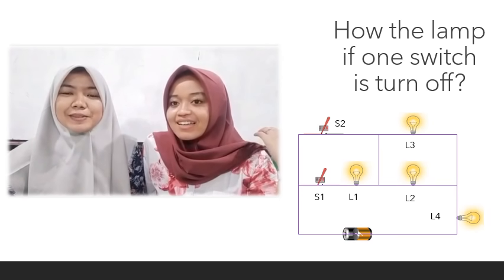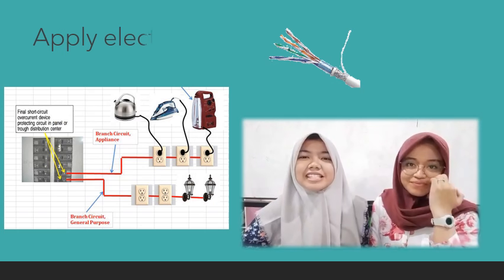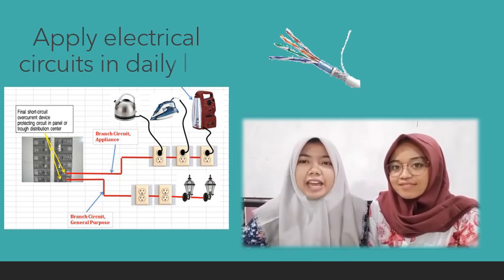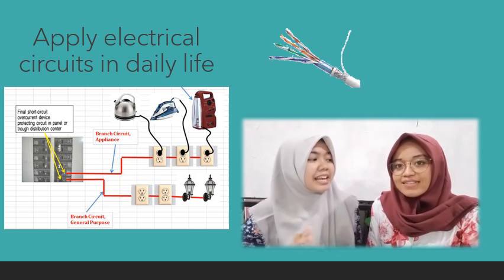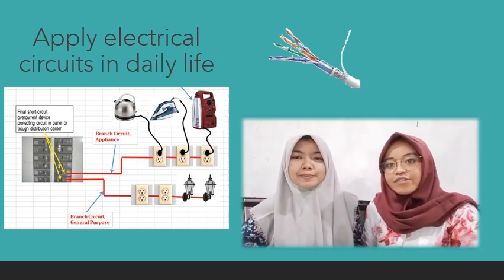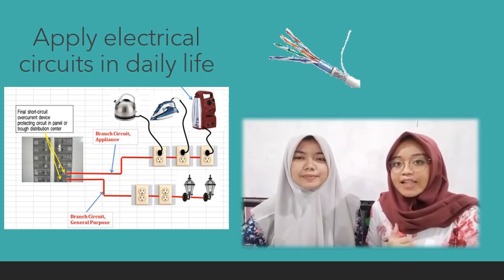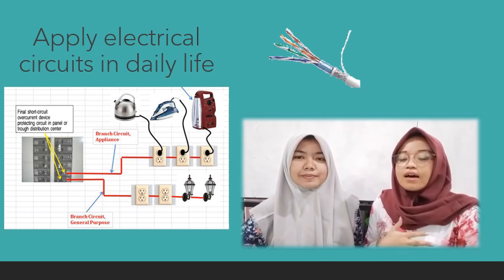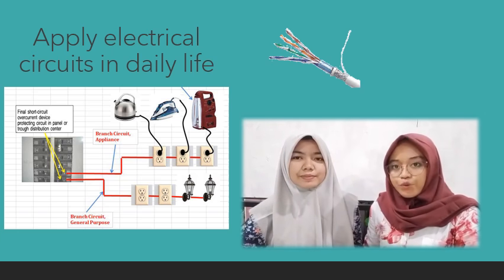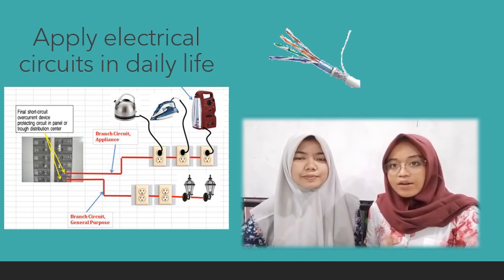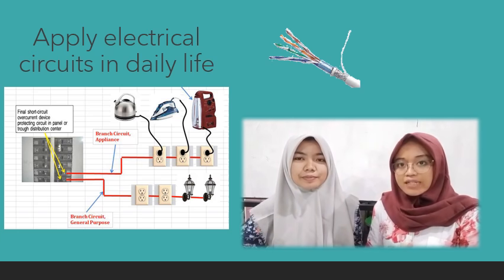Okay, this is an example of applying electrical circuits in our daily life. In daily life, many people use parallel circuits because there are many benefits when we use them.